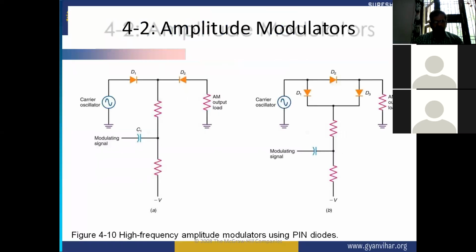This is the circuit diagram of the PIN diode modulator. There are three diodes connected to each other in parallel, with the carrier oscillator signal, and the output in this circuit diagram is the AM output. So these two circuits are for the PIN diode modulators.